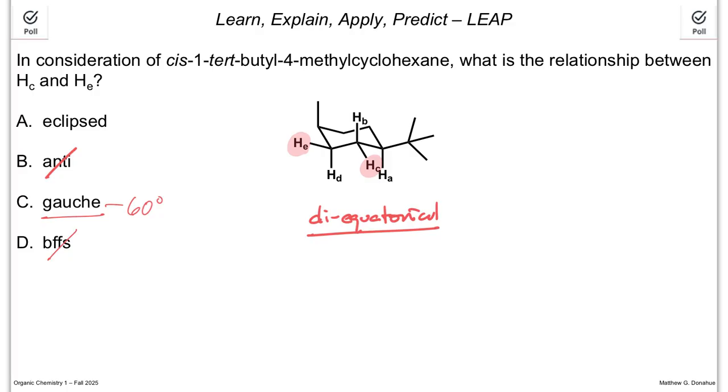We know they're not eclipsed because we can say HE is up, HC is down. If they were eclipsed, the dihedral angle would be 0.